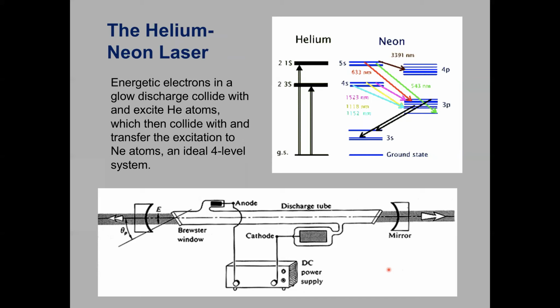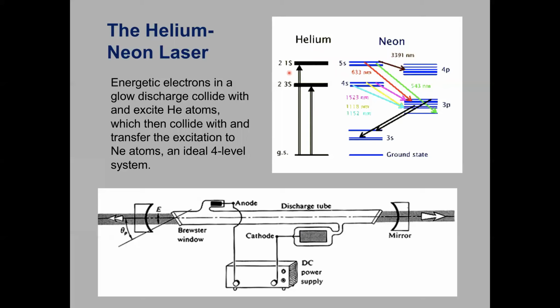So basically the way this works is that you apply a high voltage to the gas tube, somewhere in the range of 1500 to 2000 volts. That voltage excites the helium atoms. So it takes electrons in the helium atoms from the ground state up to the higher 1s or 2s orbitals.